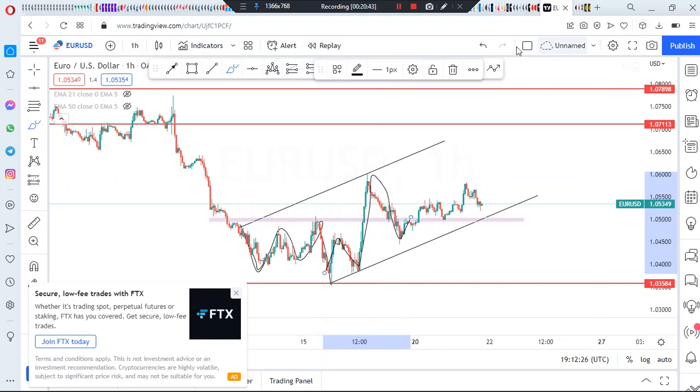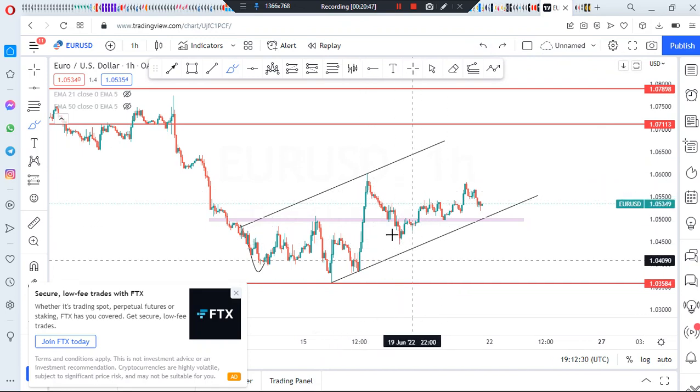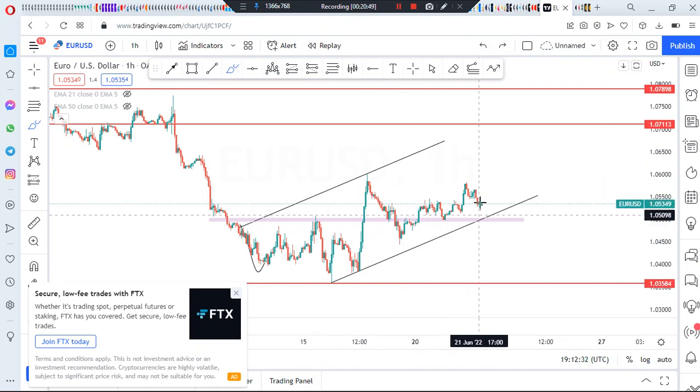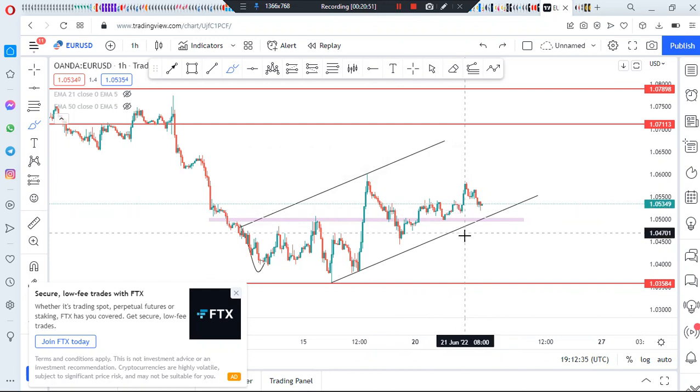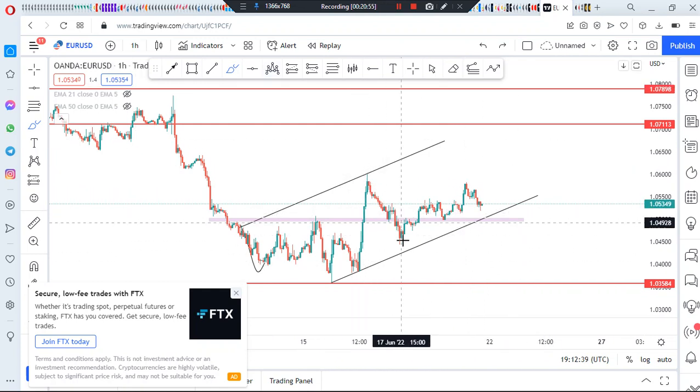So when the trend went up again after breaking around this area, this is the area that we start looking for buying position.